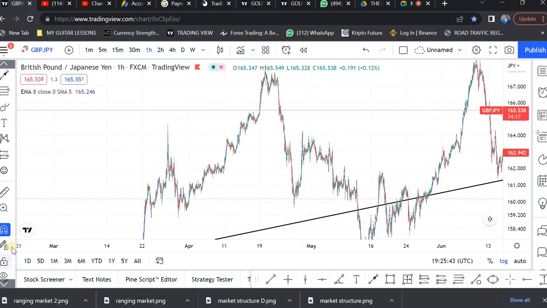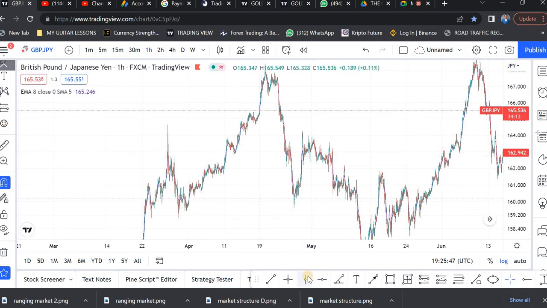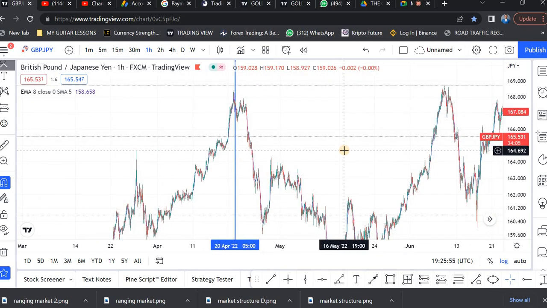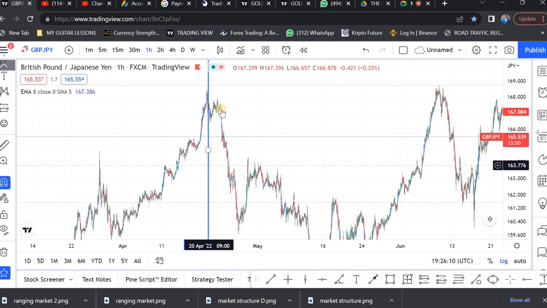Let me clear up. I'm starting from the top side, from where I have placed the blue line.